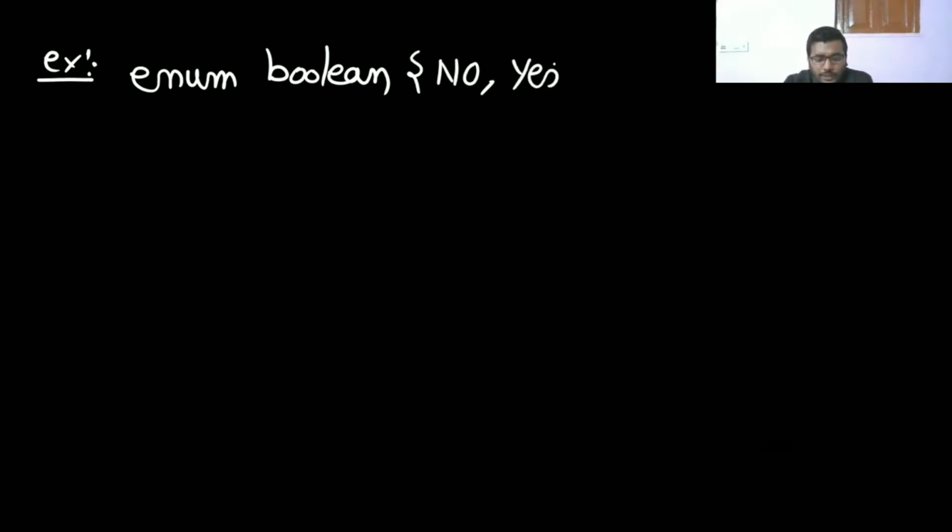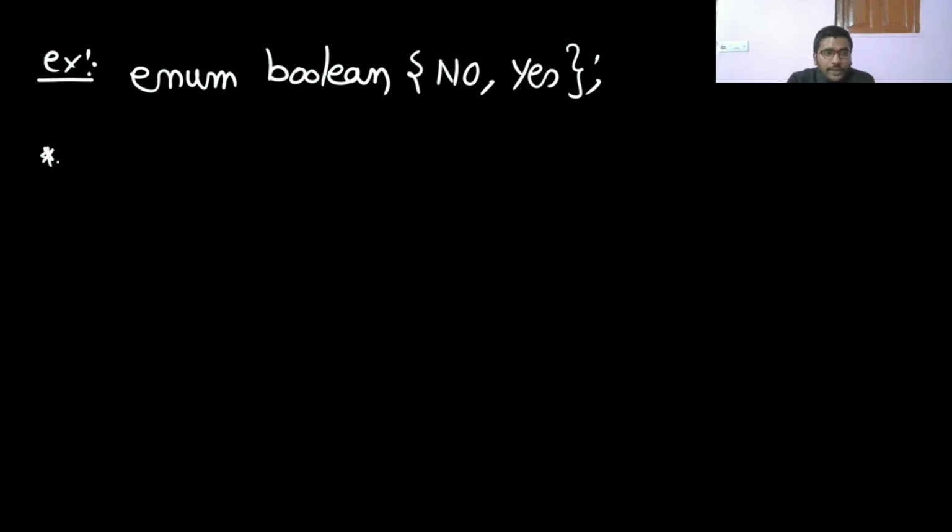If you print no, it will give output 0, and yes will give output 1, because the first value in an enumeration is taken as 0 and the second as 1.